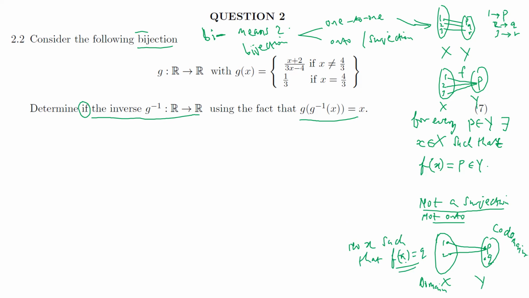Nothing goes to Q. So in other words, the map, I called it F, this map is not a surjection. It's not onto.